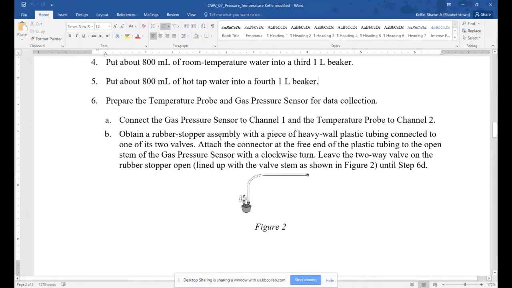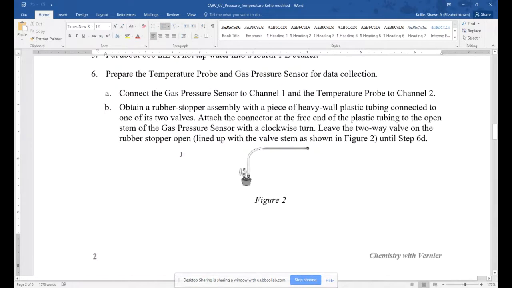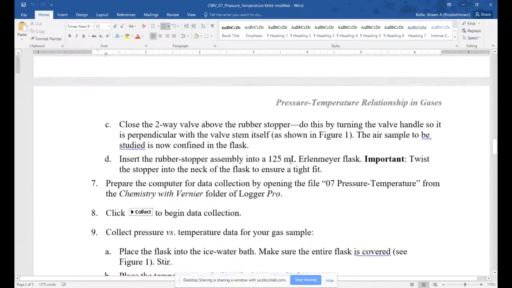You're going to obtain a rubber stopper assembly with a piece of heavy walled plastic tubing connected to one of its 2 valves. So you've got a double stopper here. One you're attaching to a flexible piece of tubing, the other you're connecting to a valve that can be turned off and on. You're going to leave the 2A valve of the rubber stopper open at the moment, and then you get to step 6D.